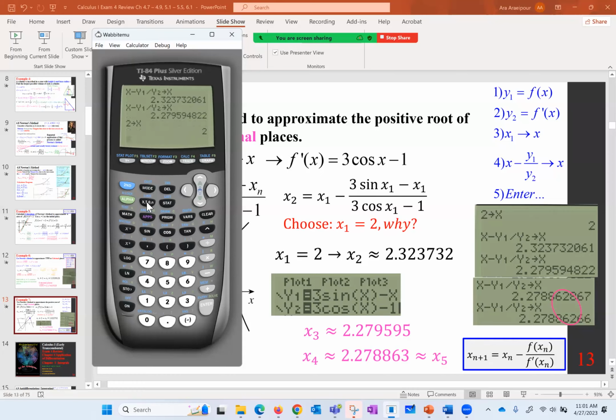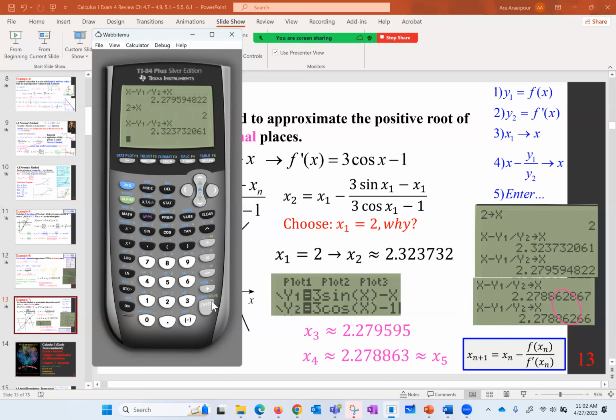Enter. Then x minus, I want to go with y1, vars, functions, y1 divided by functions y sub 2, and I'm going to store it in x again, and it gives me the number that you see here, which is the same as the number here.